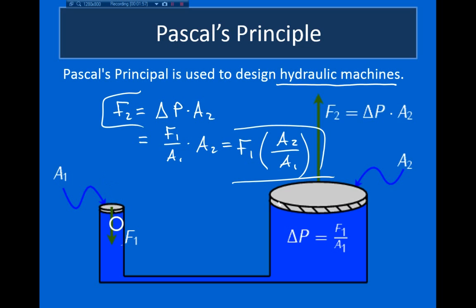So the force that I have to exert downwards to keep the plunger there is also going to be relatively small. So what we can do with this is we can actually magnify forces. By having plungers of different sizes, I can actually increase the force that comes out of this. So over here I could apply a relatively small force to this input side, and then on the output side I'd get a very large force.